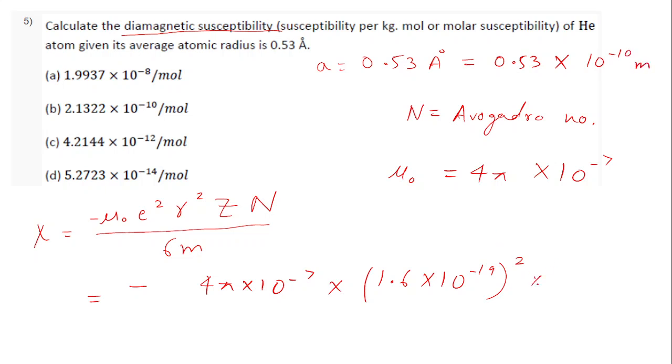So putting that here, 0.53 times 10 to the power minus 10 and squared, multiplied by atomic number.